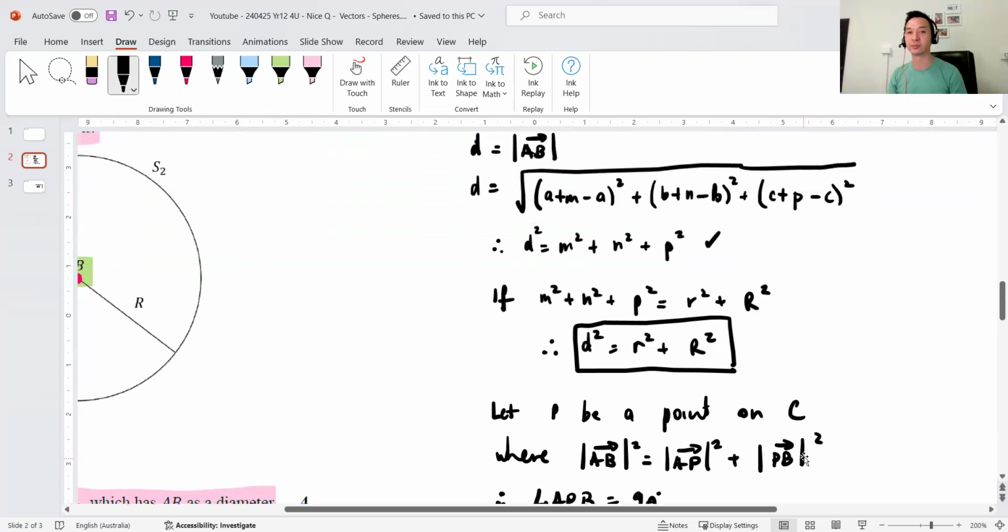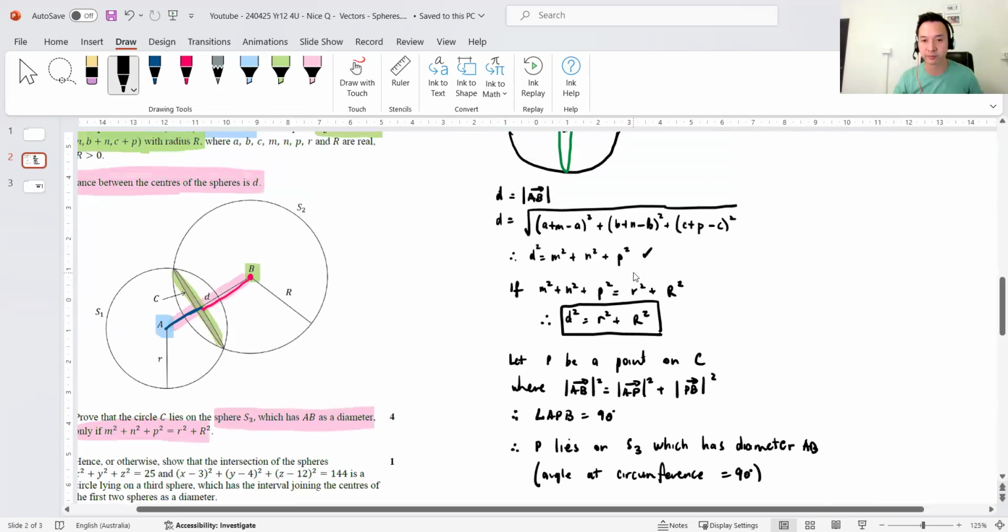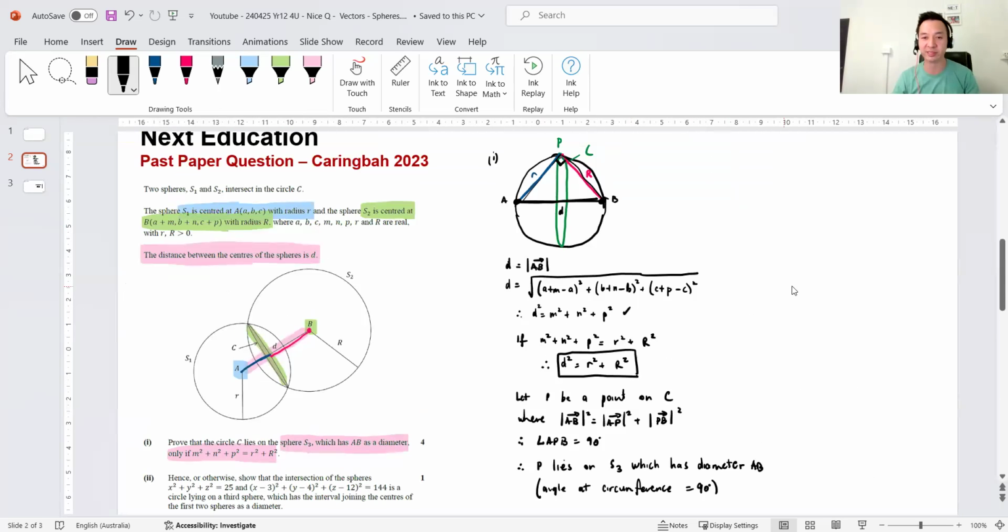Because you can put in brackets angle at circumference equals 90 degrees. Yeah, that's a bit of circle geometry there for you, which is technically out of the syllabus, but there it is.